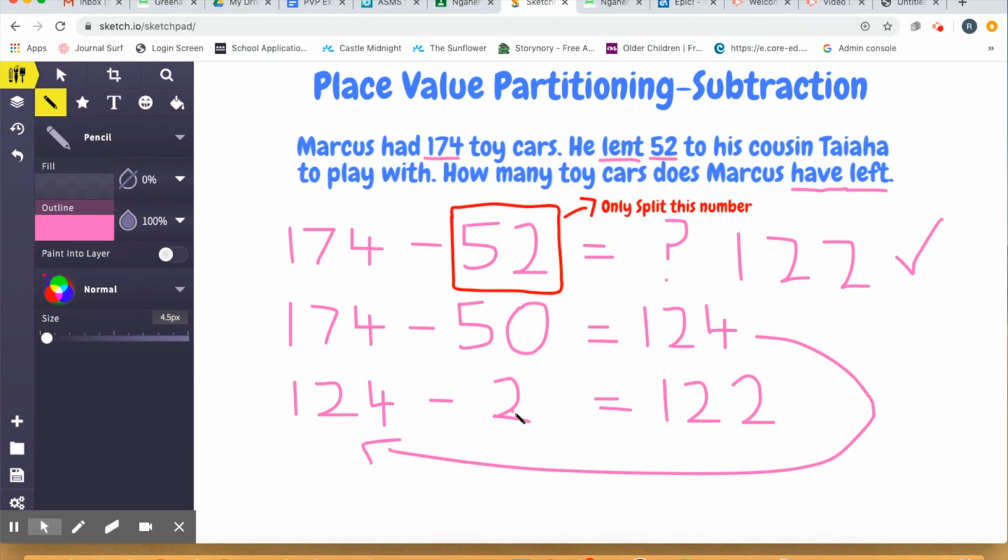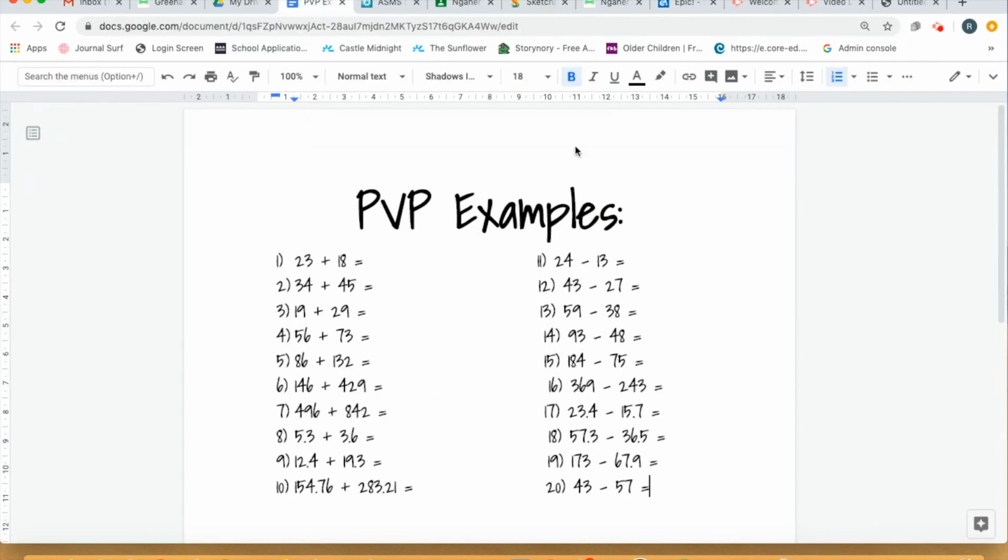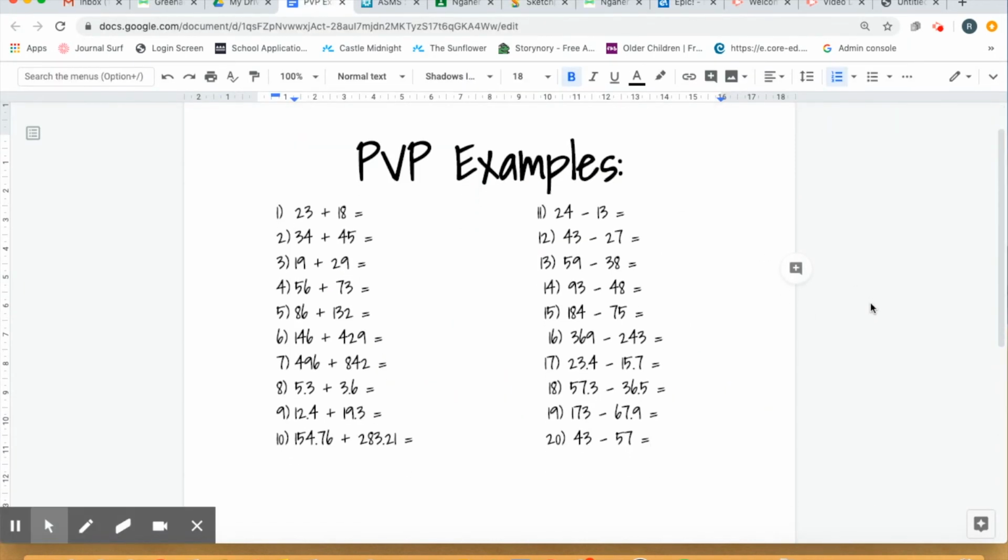I've also done here a whole range of example questions. I know that you're not going to have this doc, but you can pause the video and have these here. Basically what I've done is 1 to 10 are addition problems, and then 11 to 20 are subtraction problems. They start easier and they work their way into being a little bit harder. You can see that I've also done a few decimals examples.